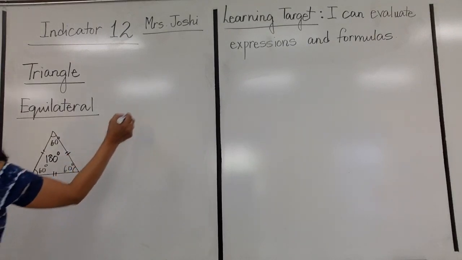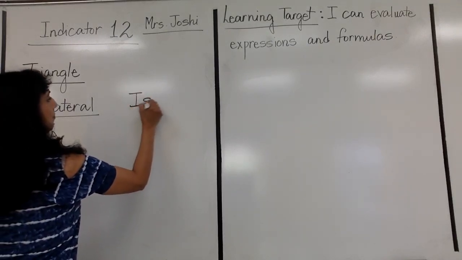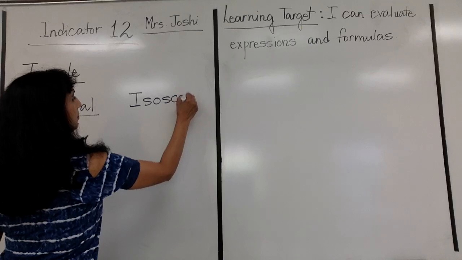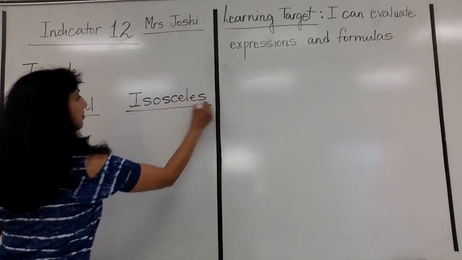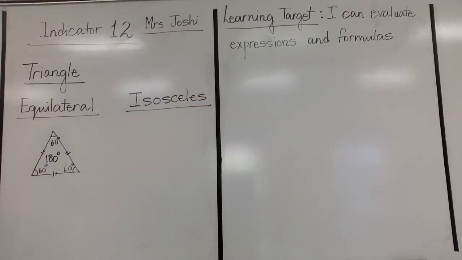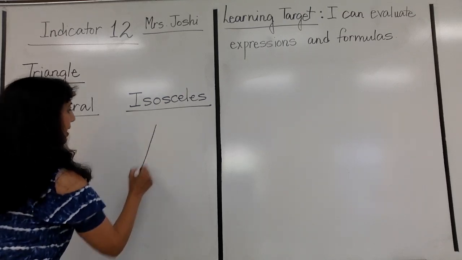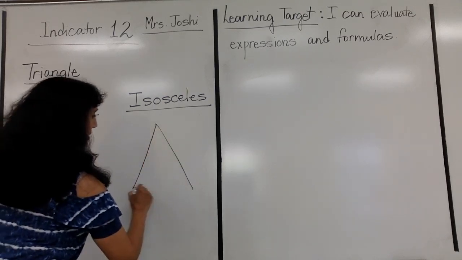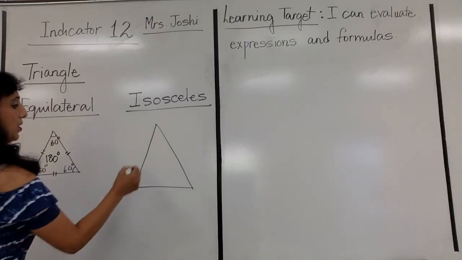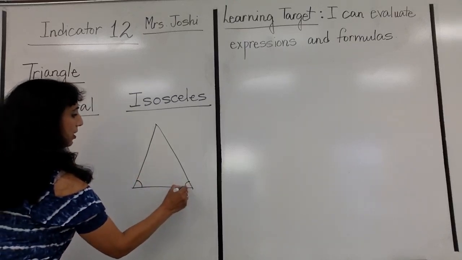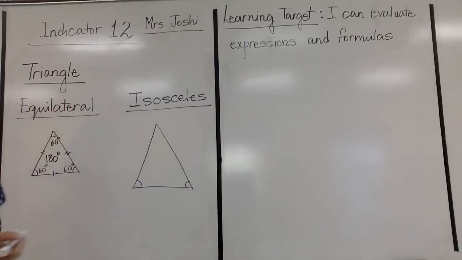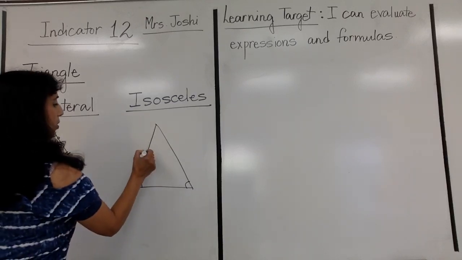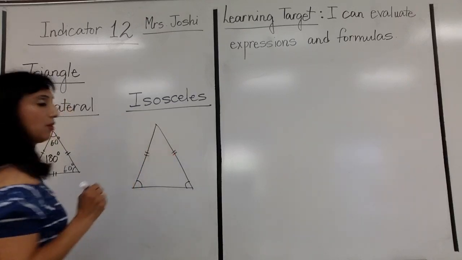Then let's look at an isosceles triangle. Okay, so in an isosceles triangle, it has 2 congruent sides and 2 congruent angles. So if I make an isosceles triangle like this, these 2 angles will be congruent, or any 2 angles are congruent, and 2 sides are congruent.